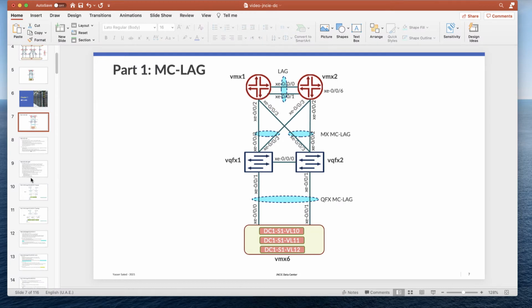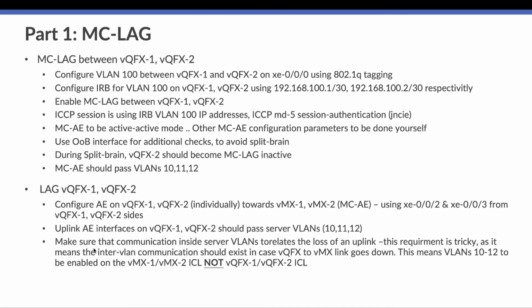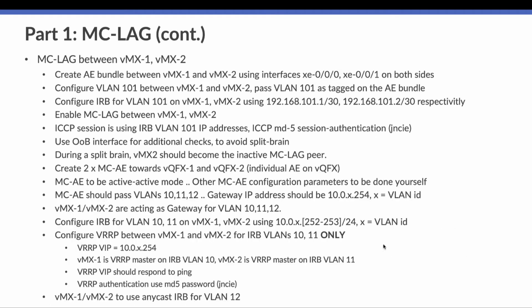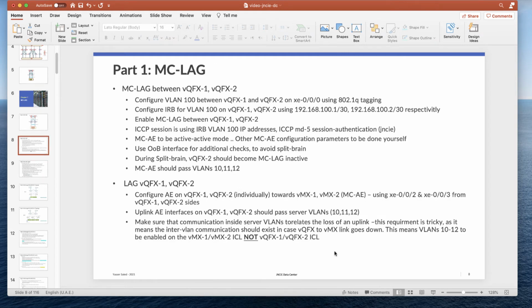Let's go to this again and read the requirements. Make sure that communication inside the server VLAN survives the loss of a link failure. This requirement is tricky. This is my own note here, because while studying for this task in the JNCIE book, I found this requirement tricky. It means that inter-VLAN communication should exist in case QFX to MX goes down.